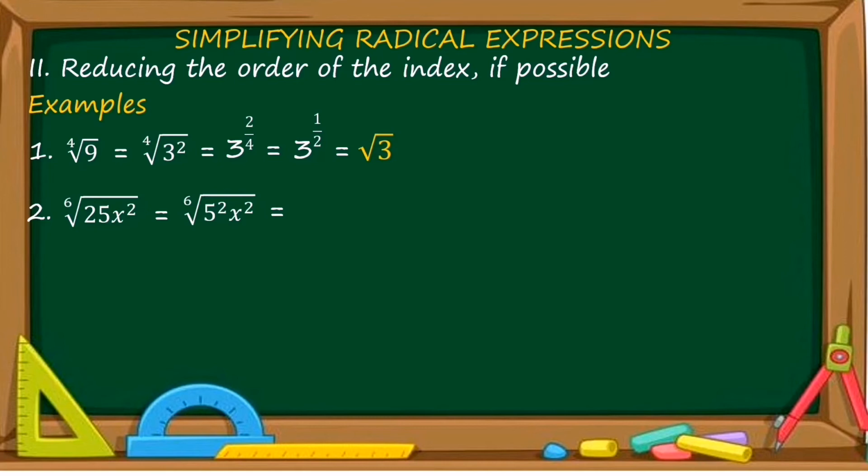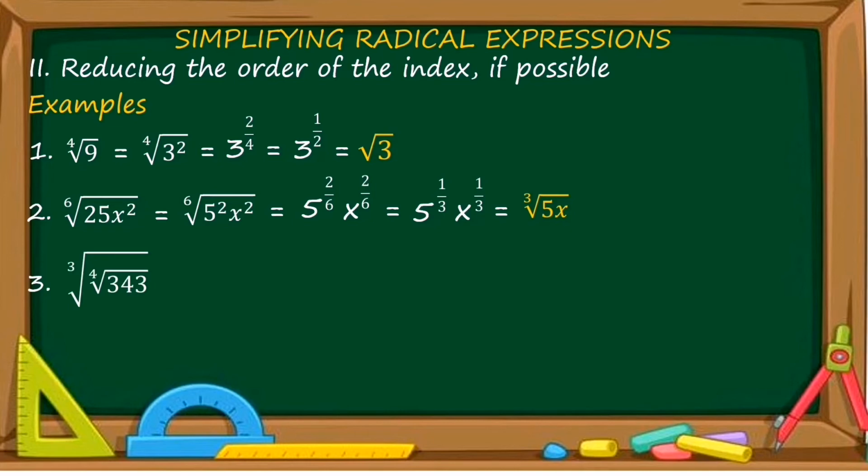Following the rule, it is equal to 5 raised to 2 over 6, x raised to 2 over 6. 2 over 6 in lowest term is equal to 1/3. So it is equal to 5 raised to 1/3, x raised to 1/3. Since they have the same rational exponent, we can combine them as the cube root of 5x.